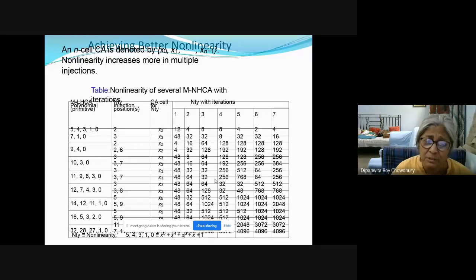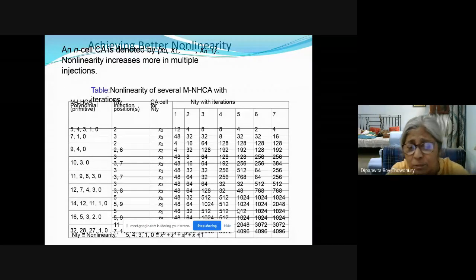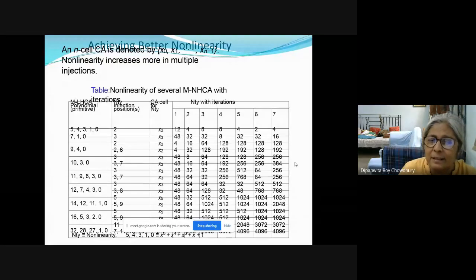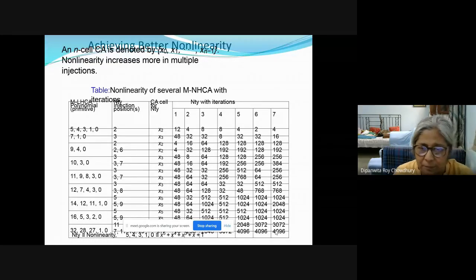Because we started with just 2 points, this is the beauty of cellular automata. LFSRs cannot do this. A nonlinear LFSR can never do this, that even with 7 cycles you get this much nonlinearity. It is out of the question.